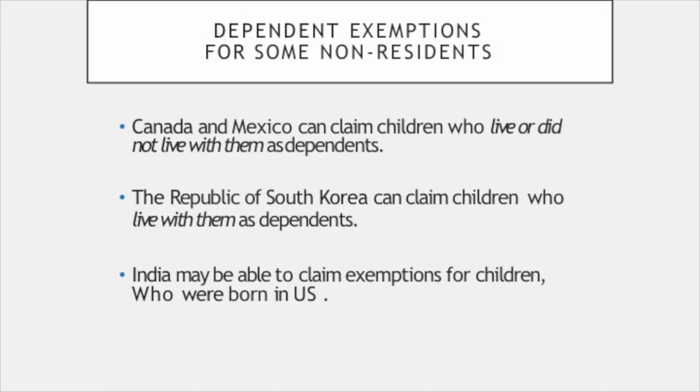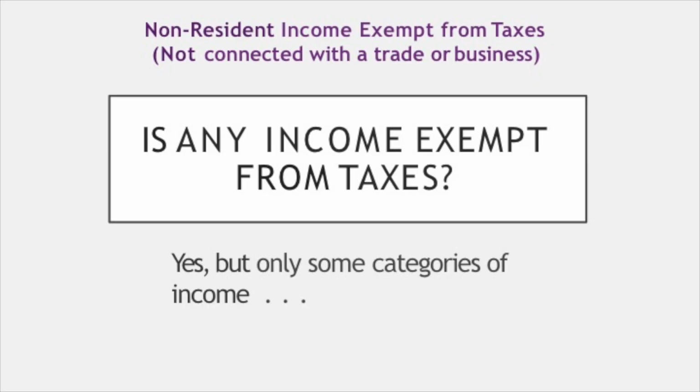The only allowable dependents anyway for foreign students is only if you're from Canada or Mexico, and then some special cases for India and South Korea we'll look at in just a moment. As far as standard or itemized deductions, there is no standard deduction for foreign students, with the exception of Indian students.